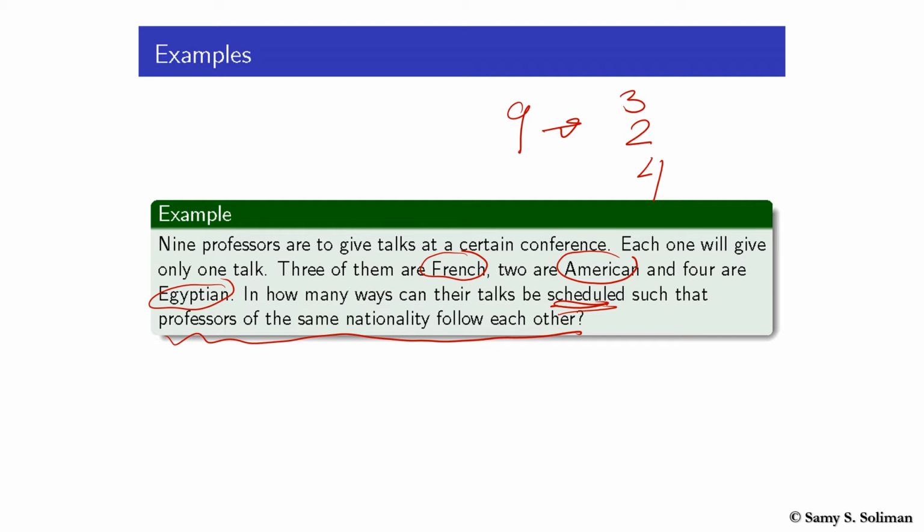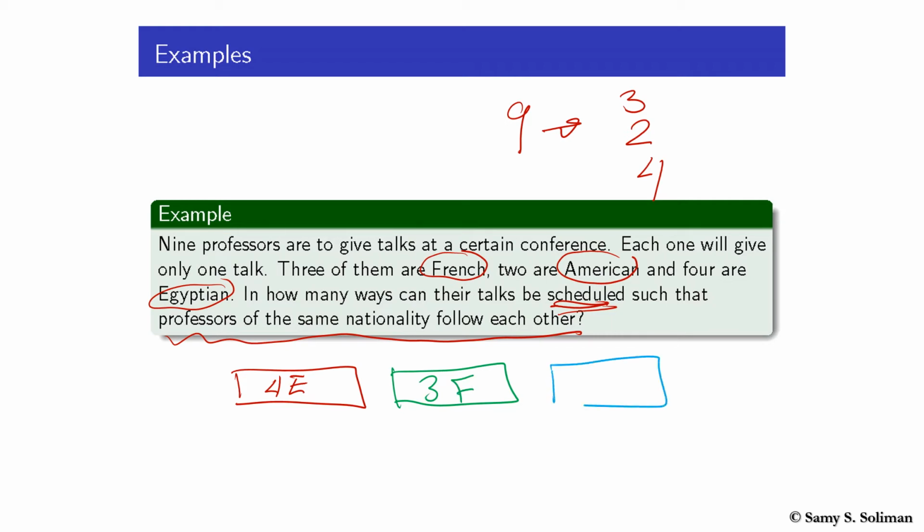It is as if we have divided the 9 professors into 3 groups now. So let's have a group of 4 Egyptians, a group of 3 French, and a group of 2 Americans.